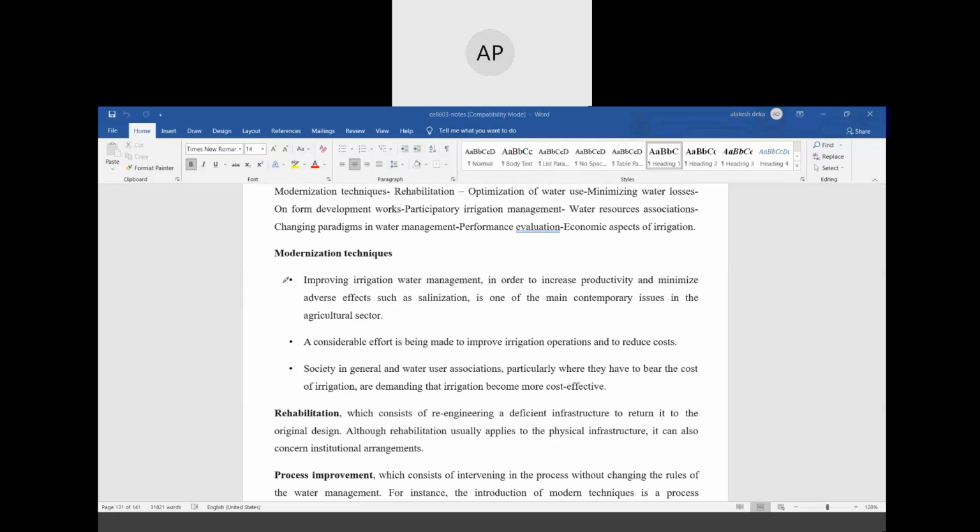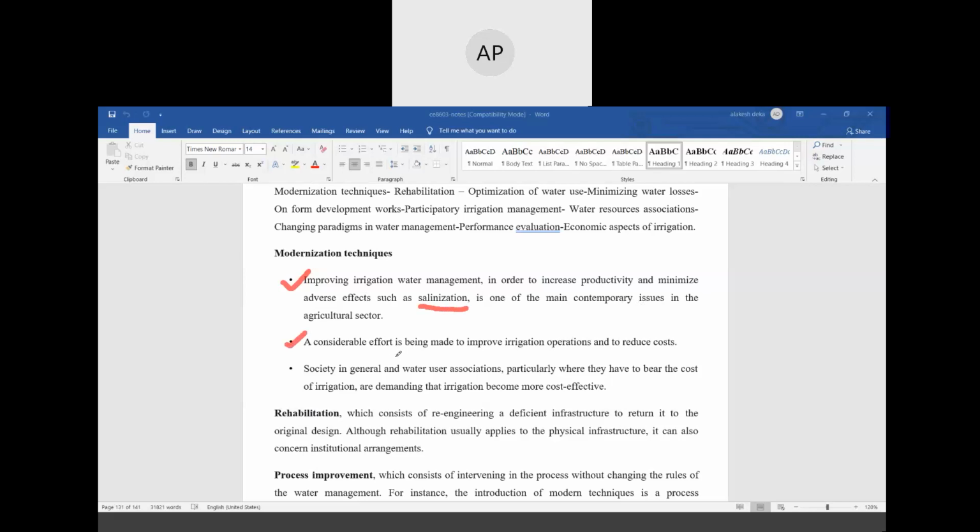So, what are the modernization techniques? Improving irrigation water management in order to increase productivity and minimize adverse effects such as salinization is one of the main contemporary issues in the agricultural sector.